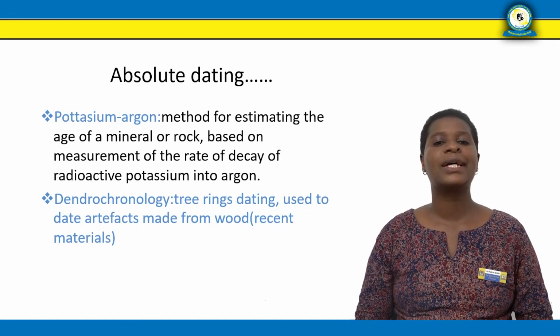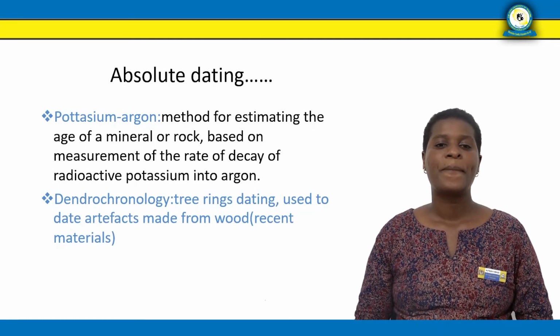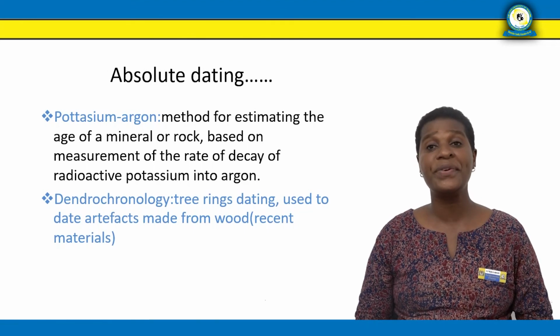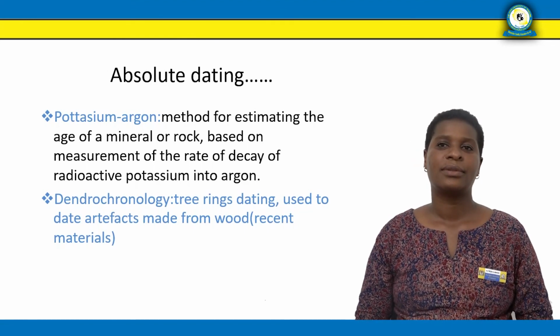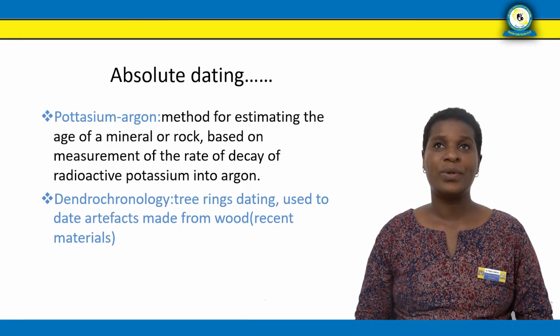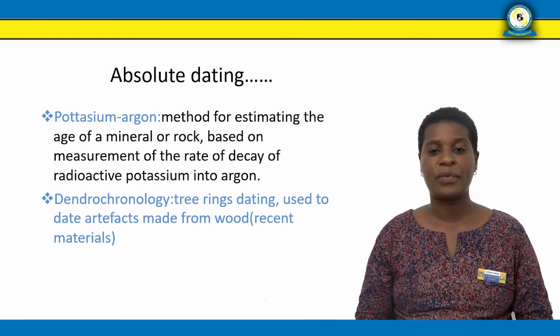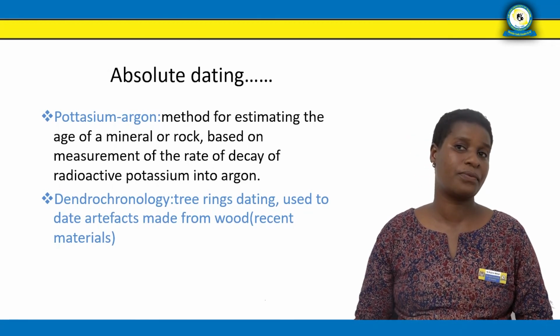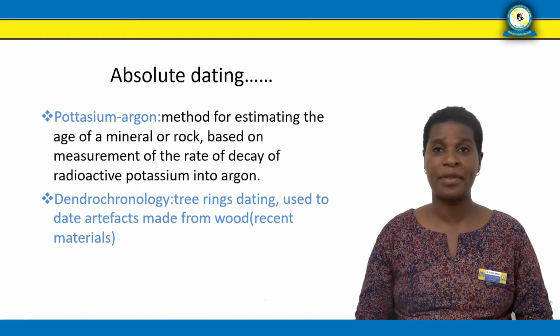Another way of dating through the absolute dating method is dendrochronology, or sometimes tree-ring dating. This dating is usually done to get the age of wood materials, especially recent materials, because it doesn't date as far back as carbon-14 and other methods.